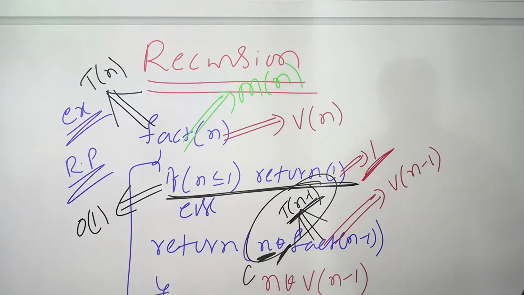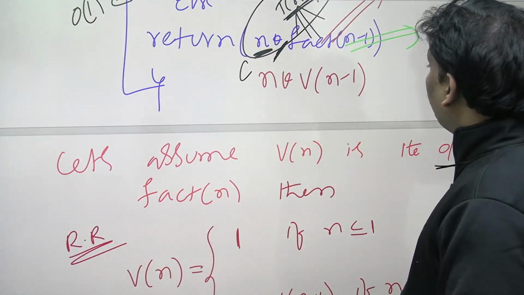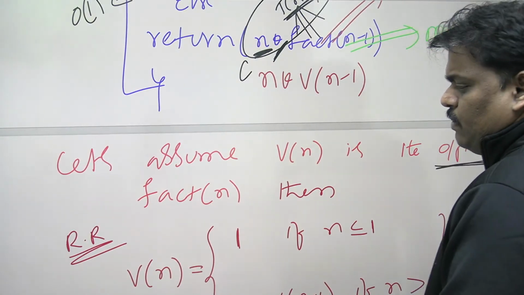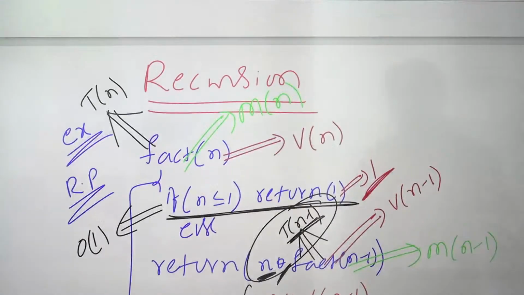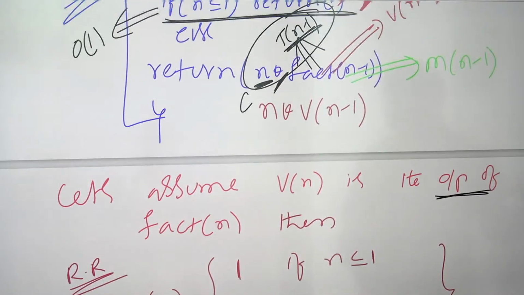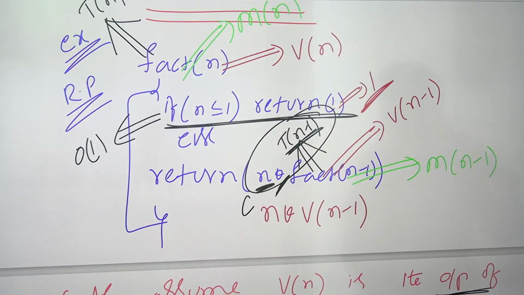Fact of n minus 1, M of n minus 1. Recursion is recursion. Fact of n minus 1 multiplications are M of n minus 1. That is fine. But some people are asking, sir, can you come inside? Recursion is always okay.